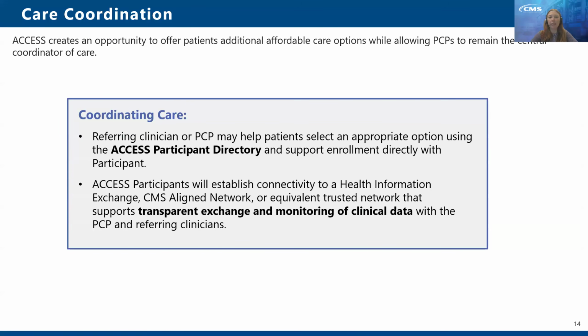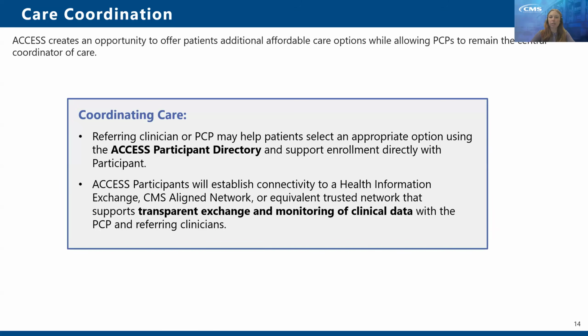The Access model creates an opportunity for clinicians to better support patients with chronic conditions by offering affordable, new care options while allowing PCPs to remain the central coordinator of care for their patients. Access participants share clinical information with PCPs and referring clinicians to help them make more informed care decisions for those patients.